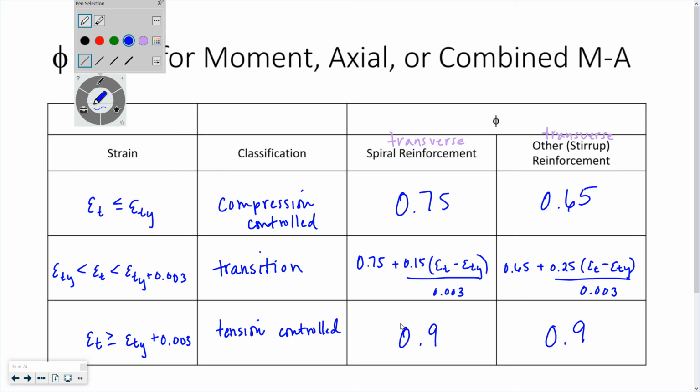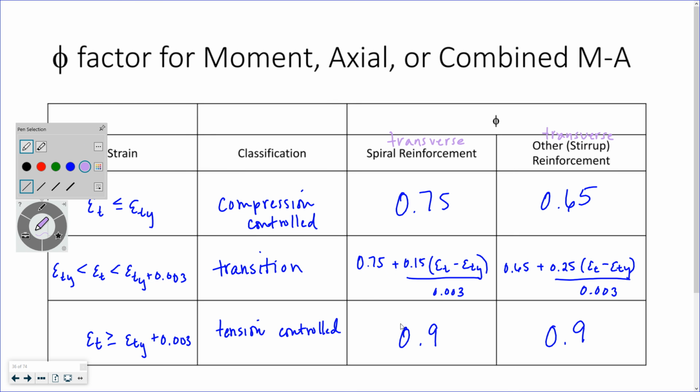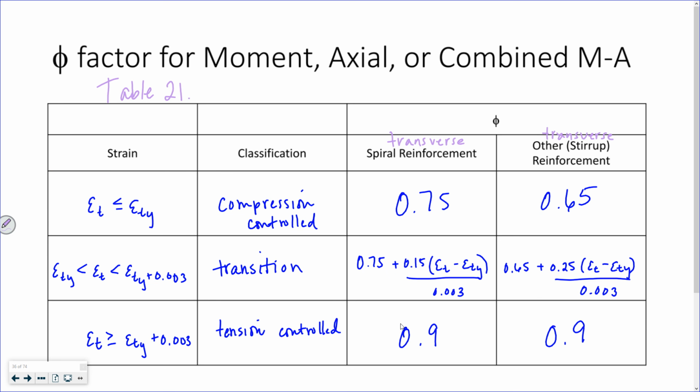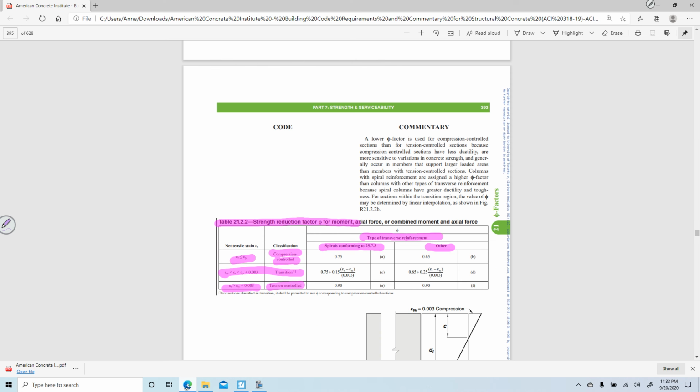This table is in your ACI 318. It's table 21.2.2 on page 393.